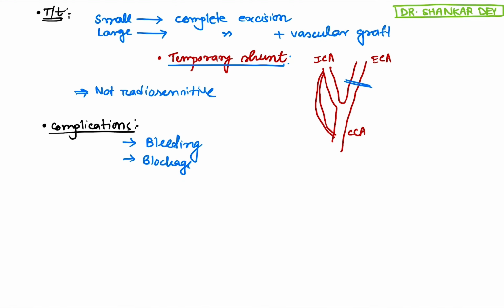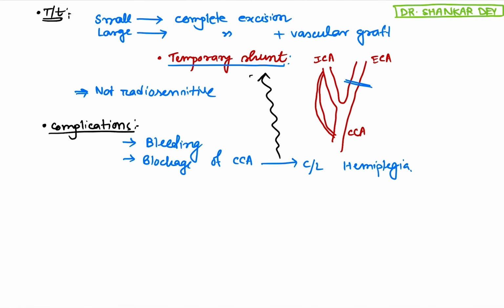So there can be blockage of common carotid artery leading to contralateral hemiplegia, and this hemiplegia is actually prevented by the temporary shunting between common carotid and internal carotid artery done during surgical excision of the tumor.